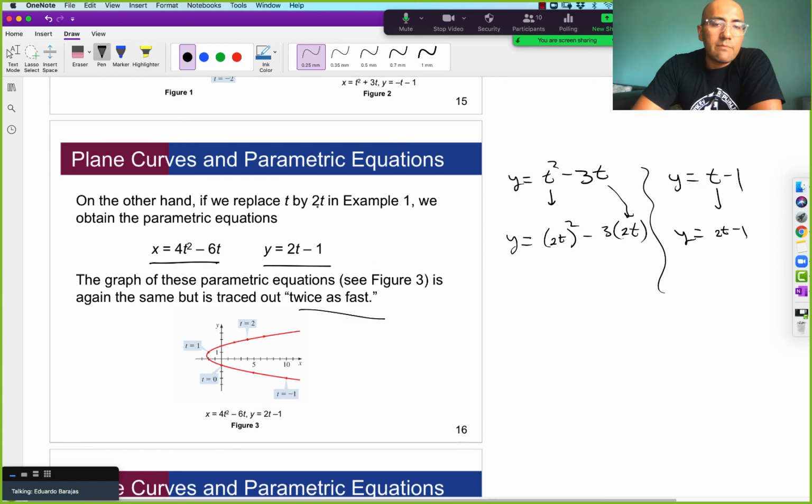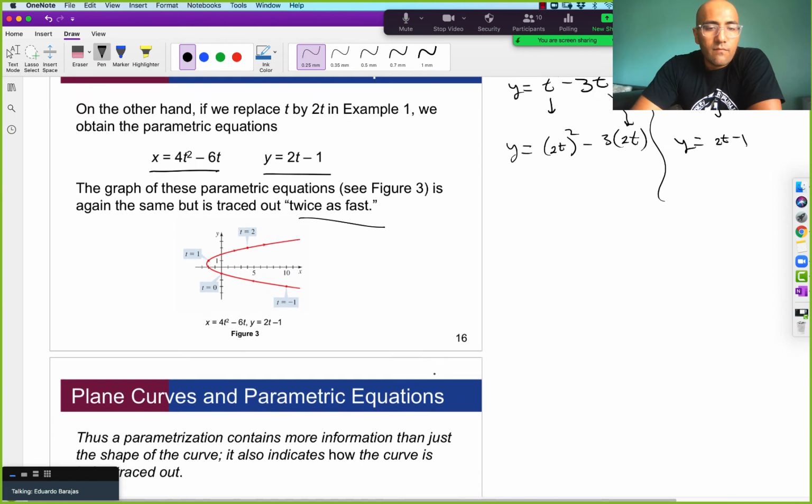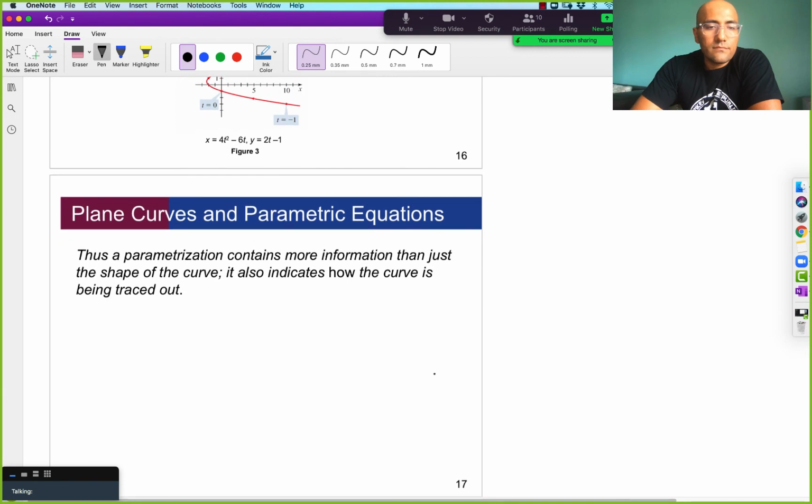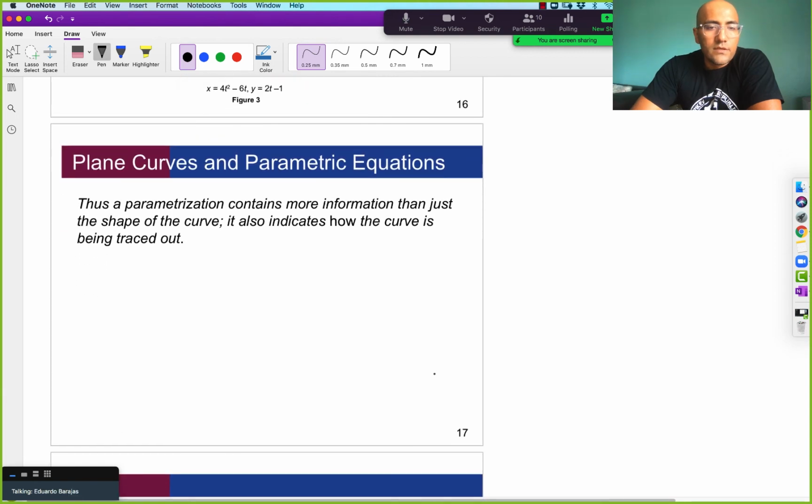And if we replaced it by 3t, then it would trace it out 3 times as fast. Good. So thus a parametrization contains more information than just the shape of the curve. It also indicates how the curve is being traced out, the direction and the speed in which the curvature is being traced out.